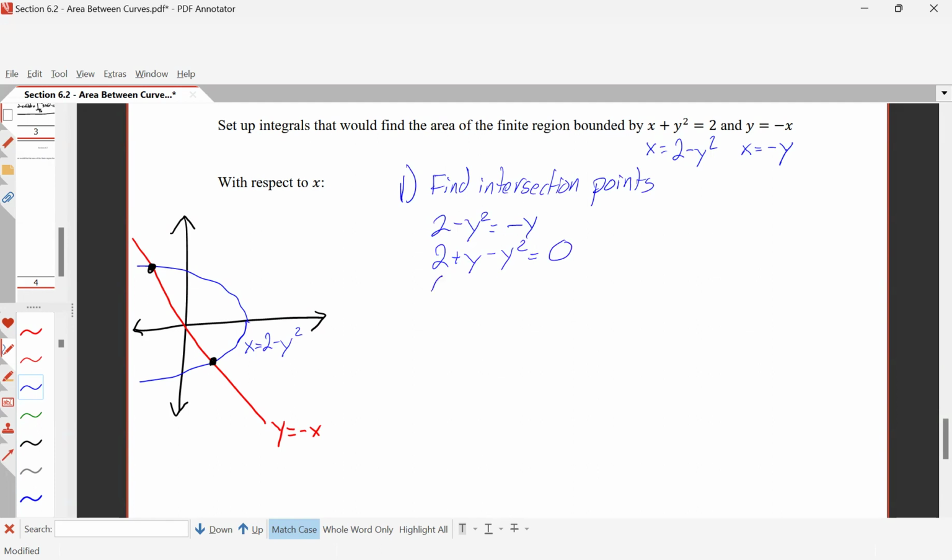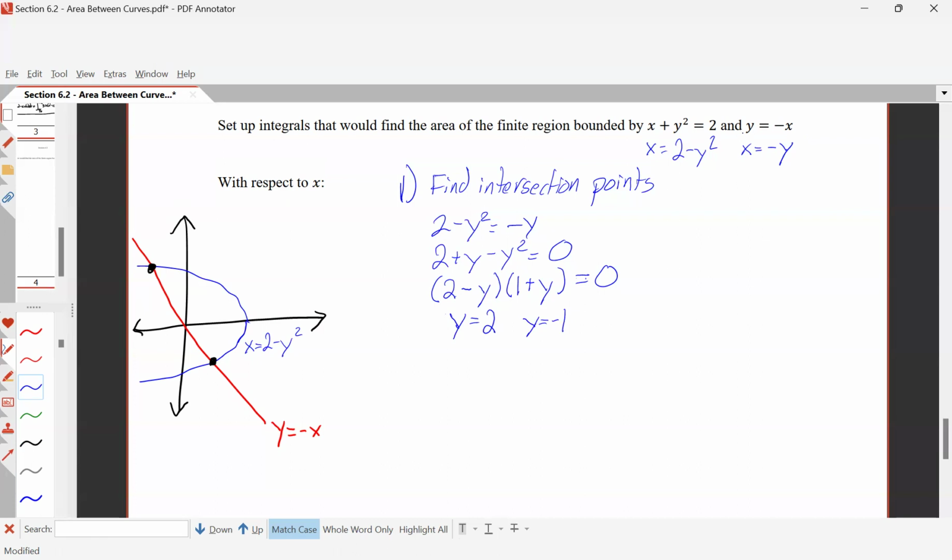This is a factorable quadratic, with factors 2 minus y and 1 plus y. And that tells us that y either equals 2 or y equals -1.